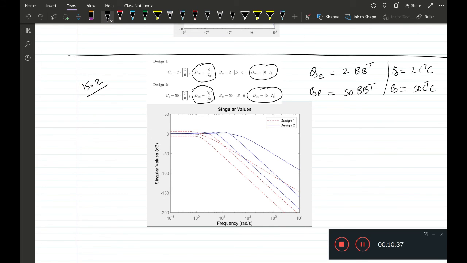Note that the RE and the R for both designs would be the same.